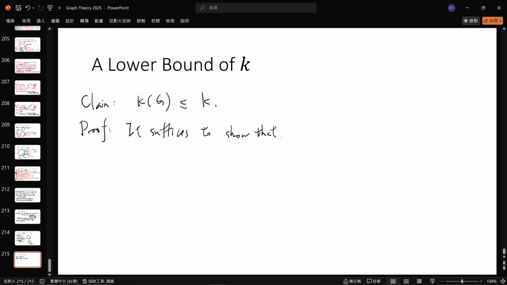So it's sufficient to show that some vertex on the cycle is not a connector. If we can show this, then this vertex, after we remove all the connectors, will be disconnected from the component H.